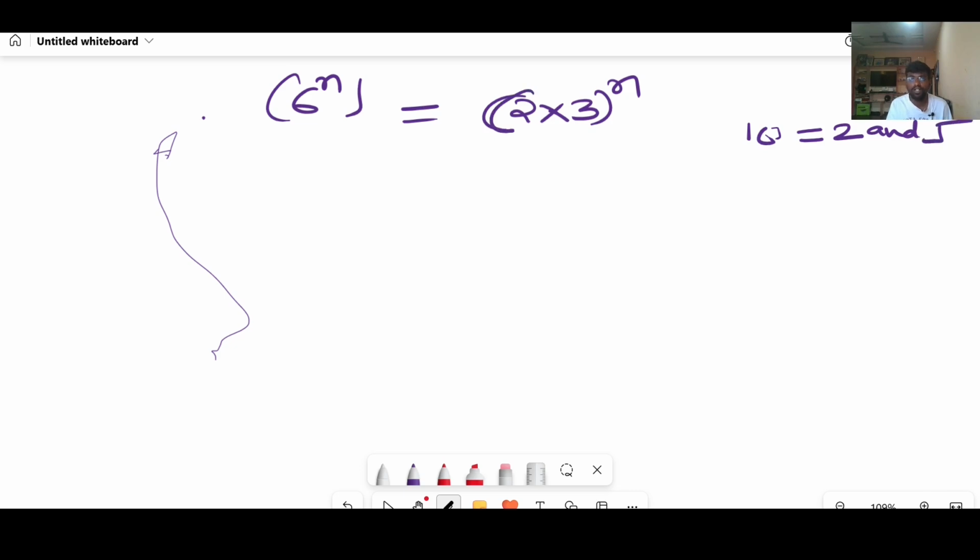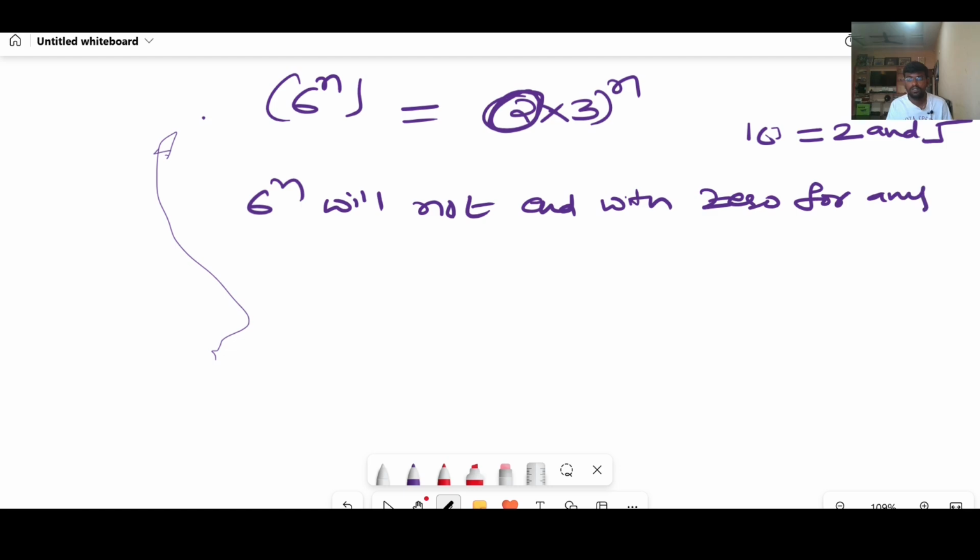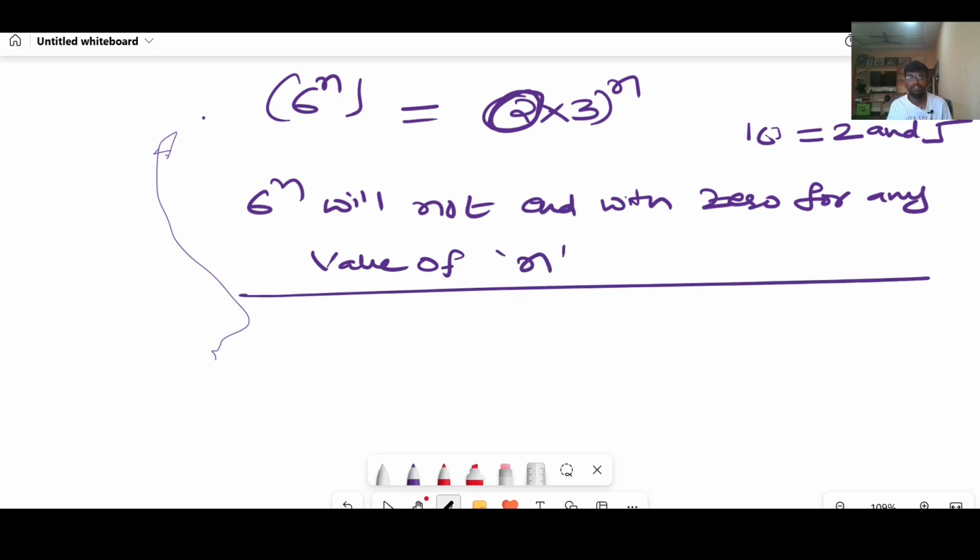Here we have only one 2, there is no 5. Therefore I can conclude that 6 power n will not end with 0 for any value of n, right? This is our conclusion.